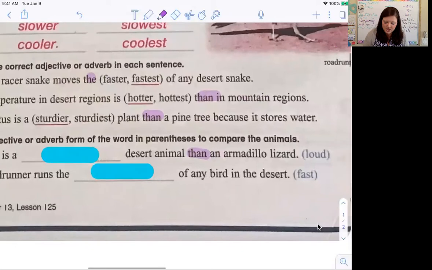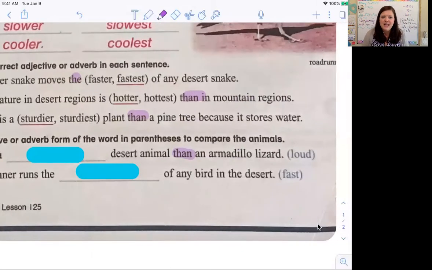So let's look at the word loud. Let's see if we need to apply any of these spelling rules. Does loud end with a Y? Yes, ma'am, or no, ma'am? No, ma'am, so we don't need to do any changing there. Does it end with 1 vowel and 1 consonant at the end? No, ma'am, I see an OU, and that's 2.